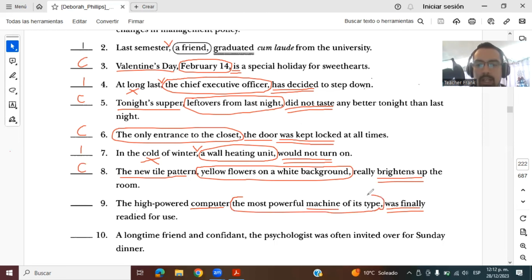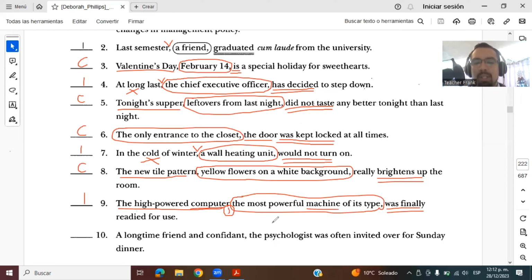Because it has a comma right here. The most powerful machine of its type is actually describing the high-powered computer, which is the subject, but it's incorrect because it's missing a comma, right? Very important to have that comma there. So if you put this one as correct, it's missing a comma and it would be incorrect. Yes, just for a simple comma, right?